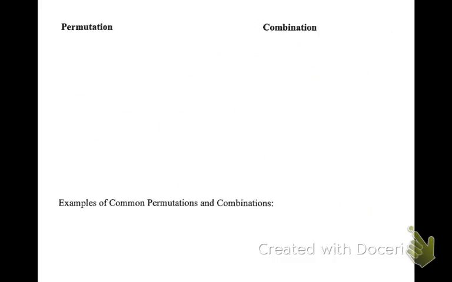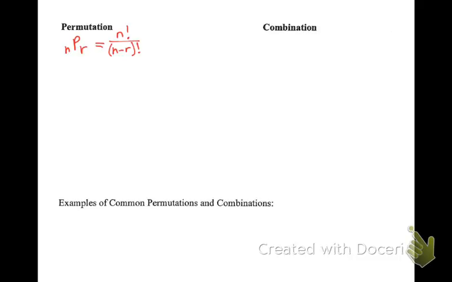Okay, now let's look at the differences between permutation and combinations. First, let's look at the formula for them. A permutation, nPr, meaning n things taken r at a time, is going to be found by doing n factorial divided by n minus r factorial.